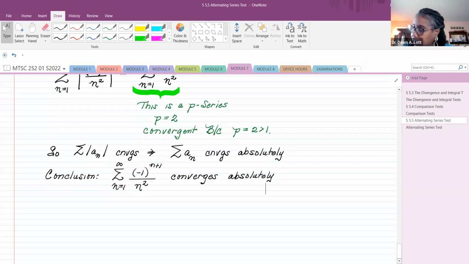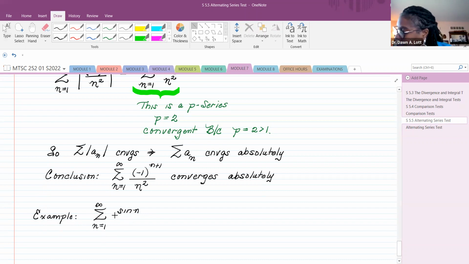All right. I don't have this as an example, but it just came to me. The summation n equals 1 to infinity of the sine of n over n to the fourth.